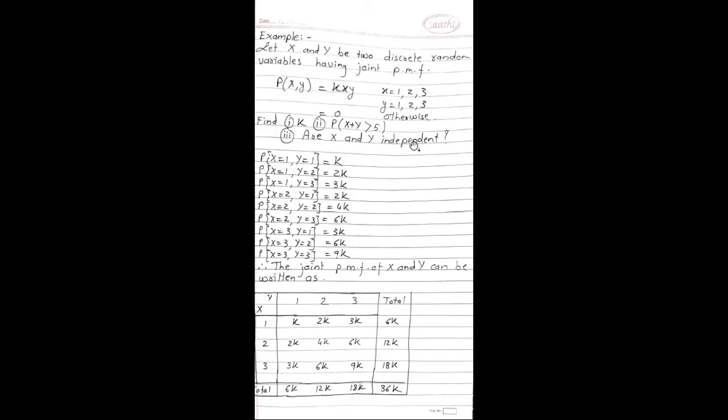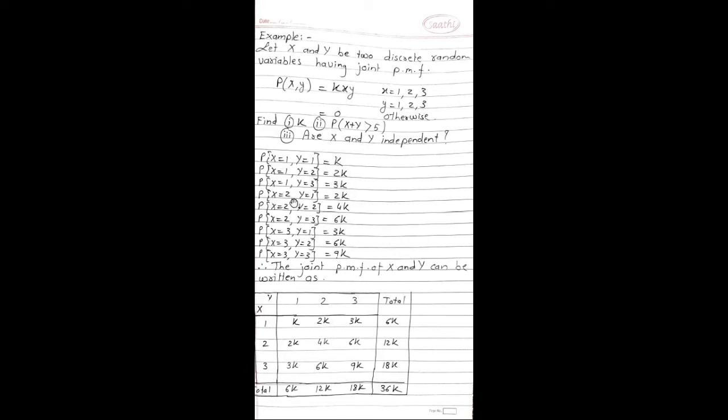Now to get the probabilities, we will replace the values of x and y in the given function. So probability of x is equal to 1, y is equal to 1 is k. Probability x is equal to 1, y is equal to 2 becomes 2k. Probability x is equal to 1, y is equal to 3 becomes 3k.